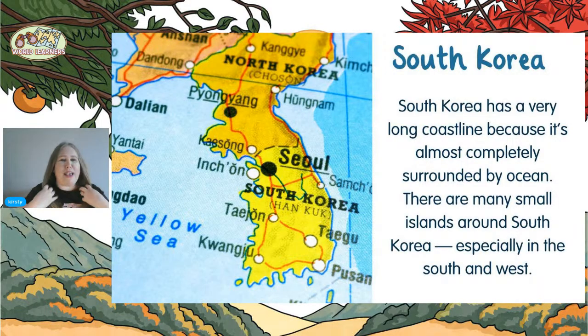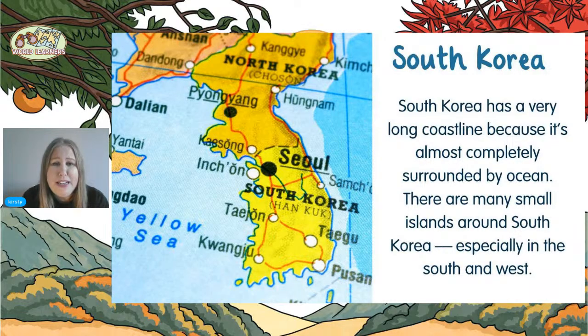We've got a map here showing us South Korea, and there's Seoul, the capital city. We can see the Yellow Sea there on the west coast of South Korea, and we can really see that peninsular shape, can't we? It's coming out into the sea, so really surrounded. So a lot of coastline in South Korea, a really long coastline because it's almost completely surrounded by ocean.